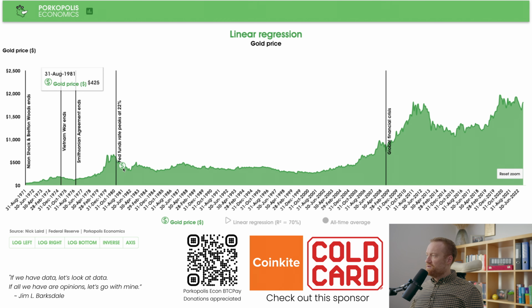I don't have the regression line drawn just yet, but I just want to say a couple more points on gold. If you remember from our first video, we talked about how gold was depegged from the dollar fully in August 1971, actually fully removed from all the statutes when the Smithsonian Agreement ended in 1976.